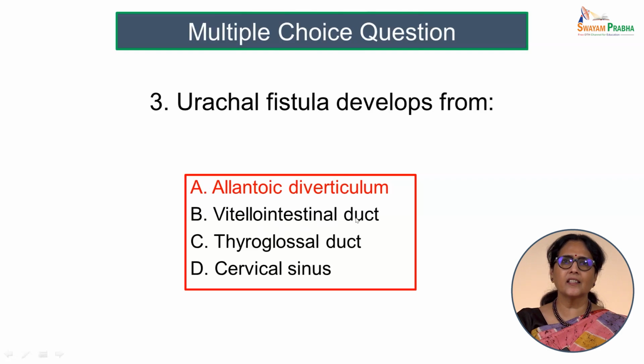Vitellointestinal duct connects the midgut with the yolk sac, and the congenital anomaly that is related to vitellointestinal duct is vitellointestinal fistula.